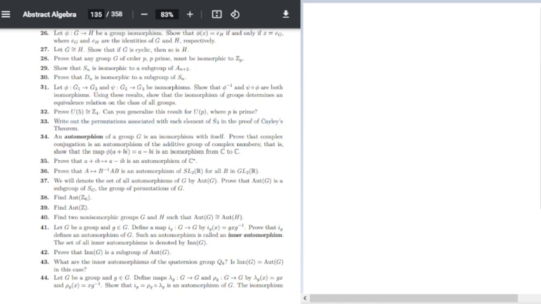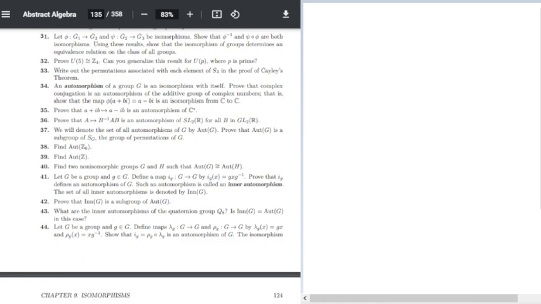An automorphism of a group G is an isomorphism with itself. For example, complex conjugation is an automorphism.